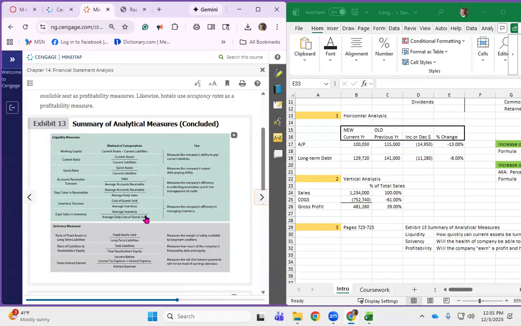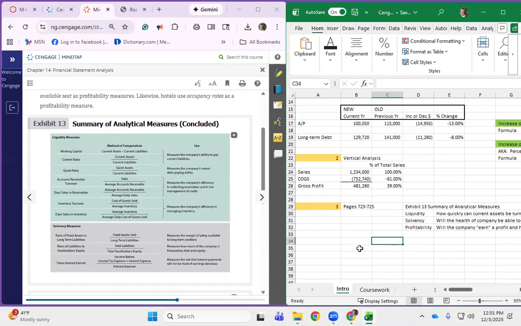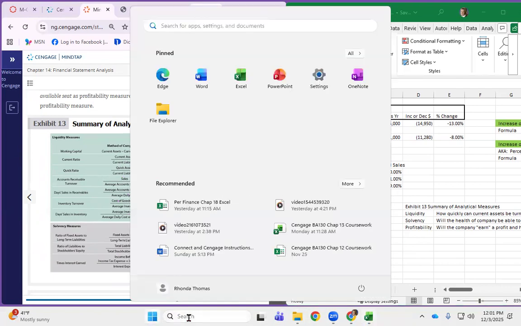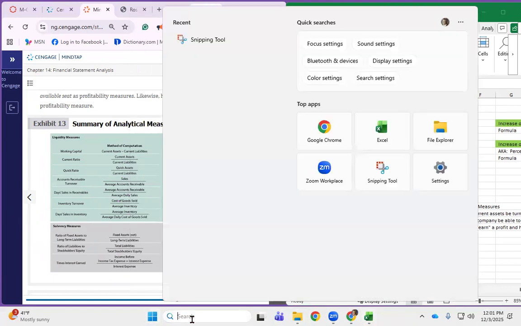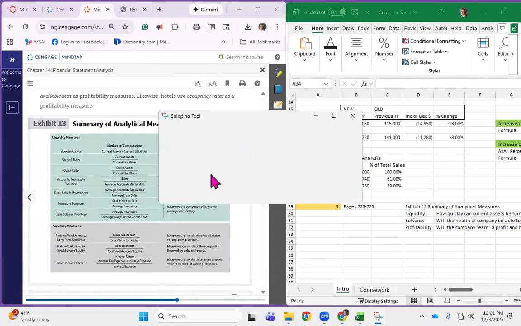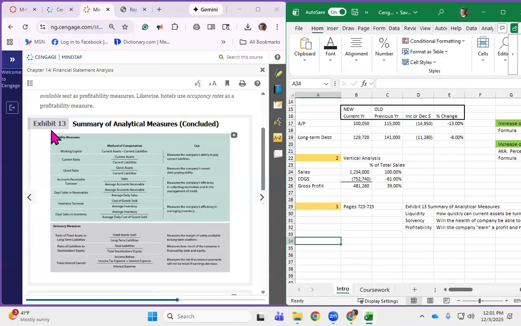All right, here we are, summary of analytical measures. Here is what it looks like. Let me bring this into my spreadsheet, guys, so we'll have them at the ready to use. Let me go get my snipping tool. I am going to snip this.